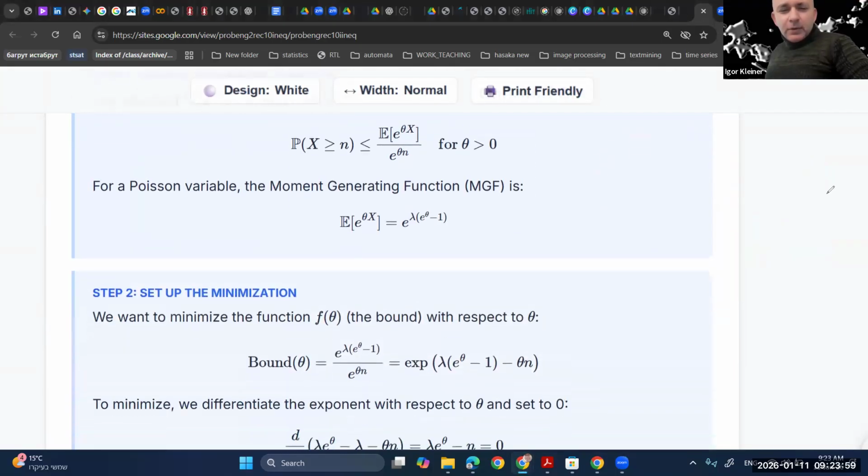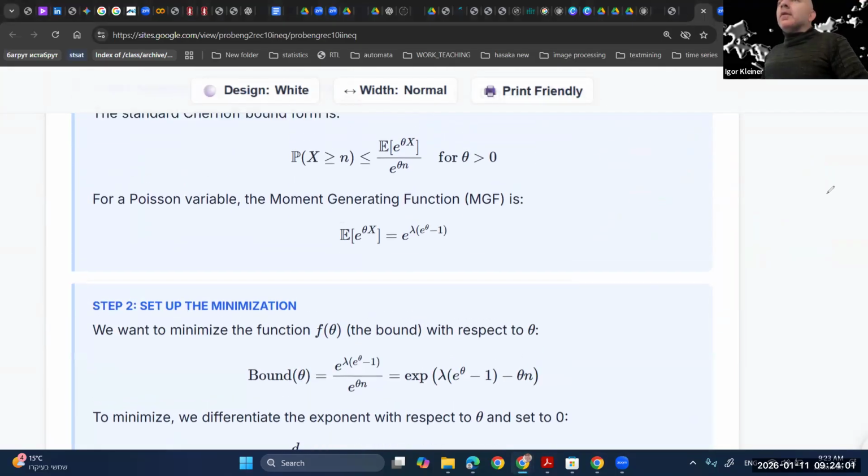In the exam, do we need to remember this? It depends. It's a question for the theory lecturer. Sometimes he can give you hints, sometimes not. Probably it will be given.